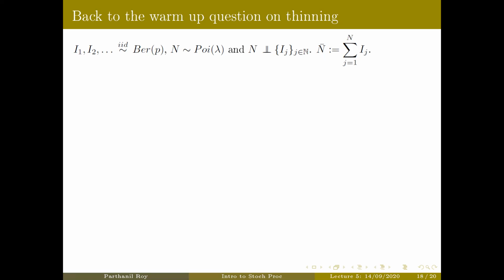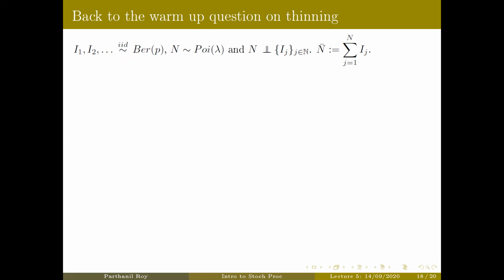And recall that Ij was the indicator that the jth egg hatches, and N is the random variable of the number of eggs given by that hen in that particular year, then N bar is the number of baby chicks born in that year.